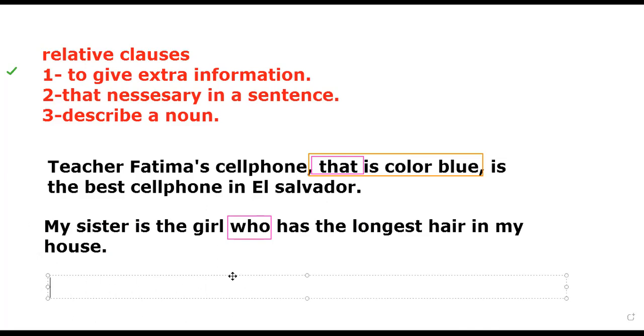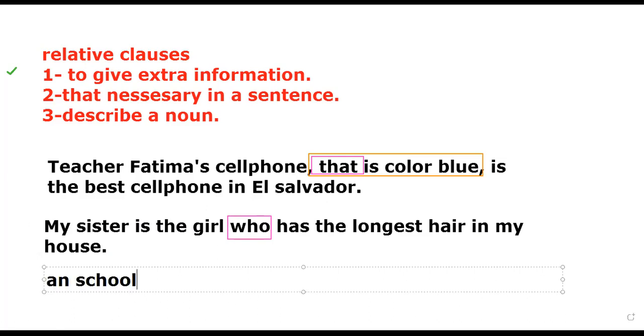Example. Let's see. Let's describe a place. Describamos un lugar. And a school. What is a school for you? ¿Qué es una escuela para ti? Español, ¿qué es una escuela para ti, Pablo? Muchas cosas, ok.